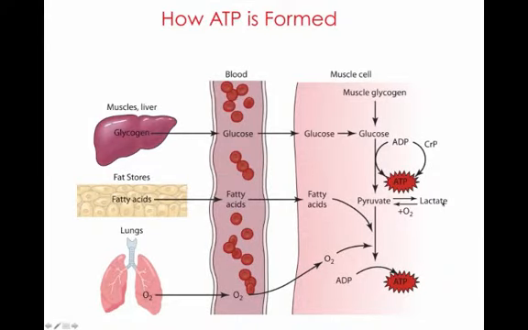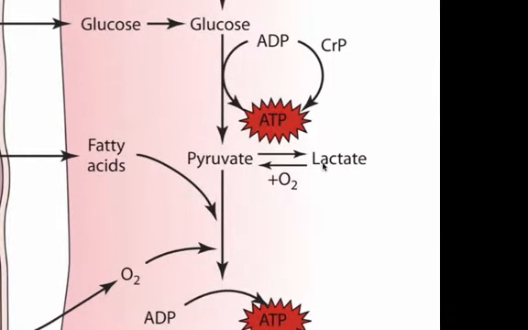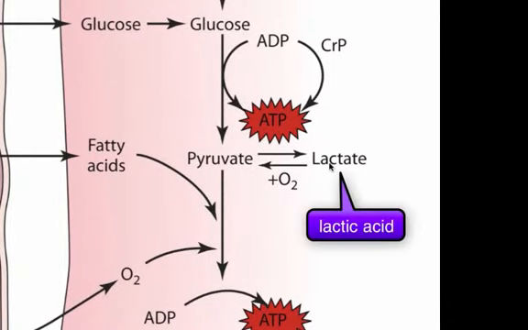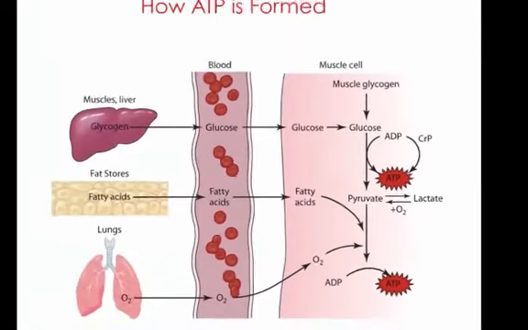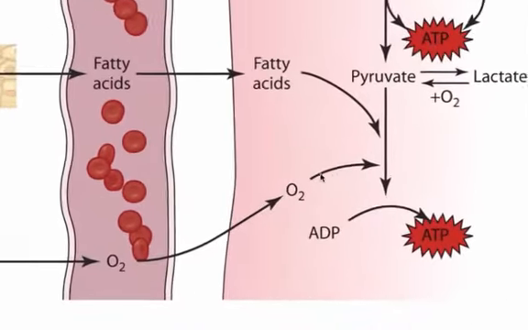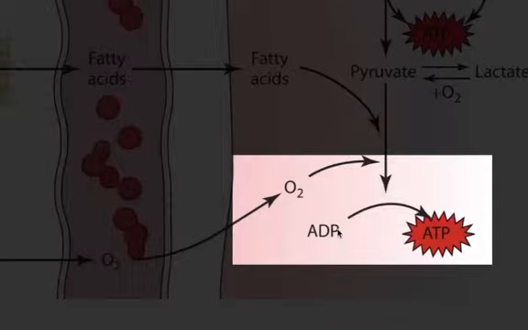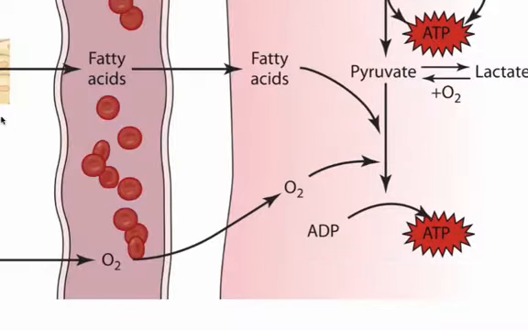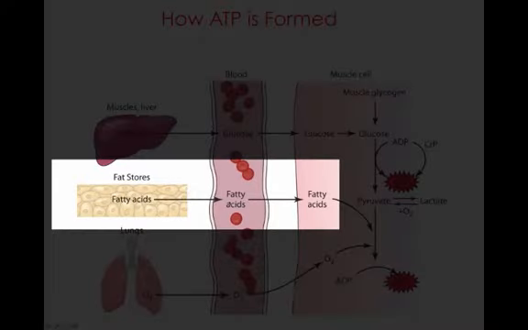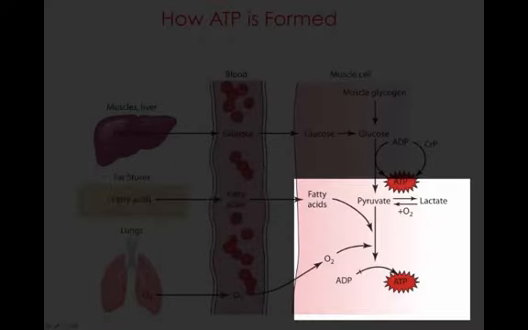Again, we'll talk about the difference between aerobic and anaerobic production of ATP, but lactate or lactic acid is used in anaerobic activity. And in the presence of oxygen, that pyruvate is then further broken down and produces lots of ATP. We have fatty acids from the triglyceride stores in our body that enter the cell and can produce ATP.